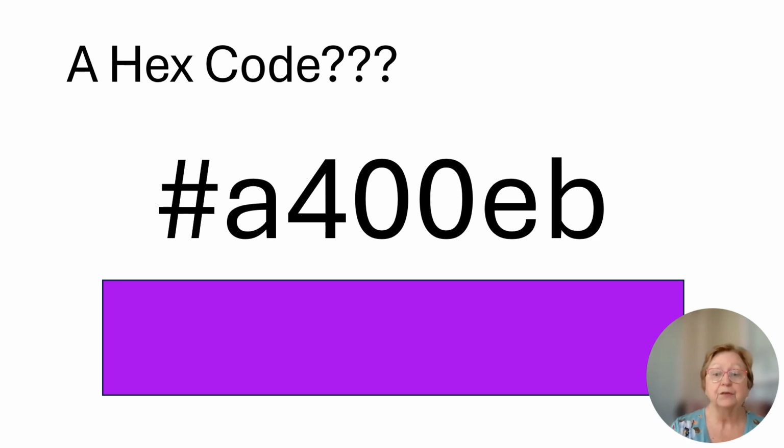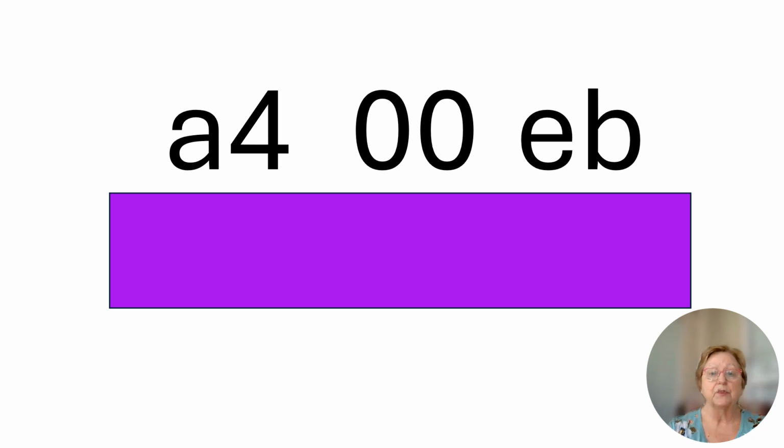A400EB will give you this purple color. You may have seen hex codes used on the internet. They are used across the internet by painters, by printers to specify a particular color.